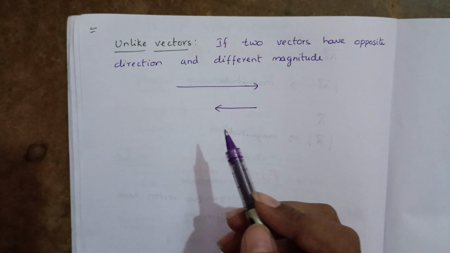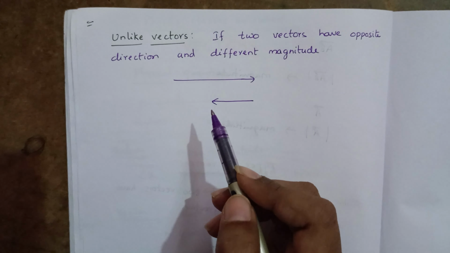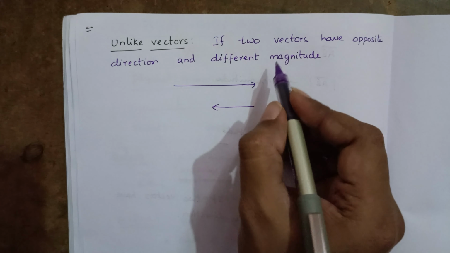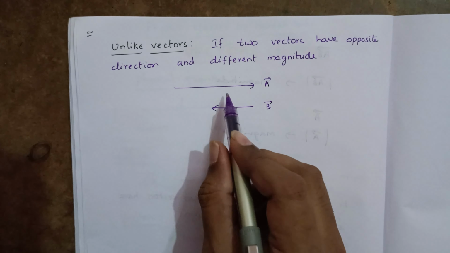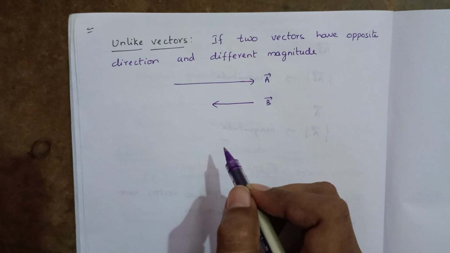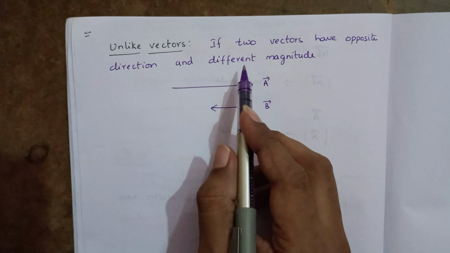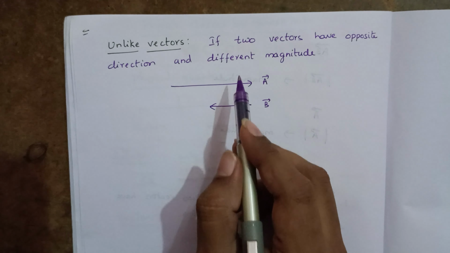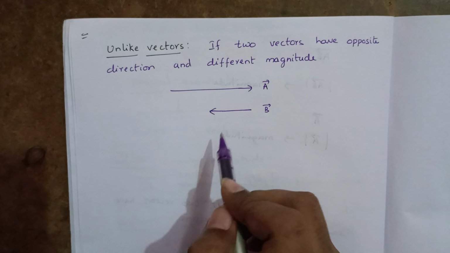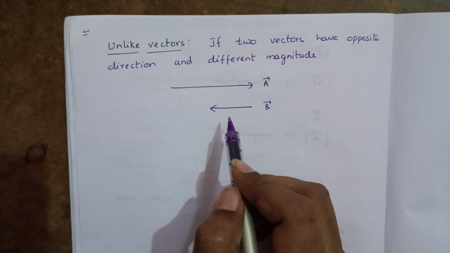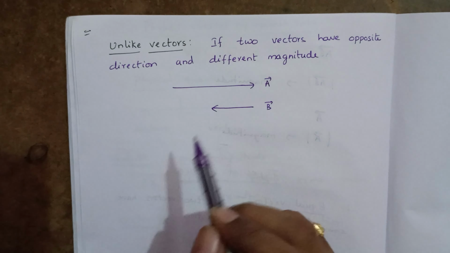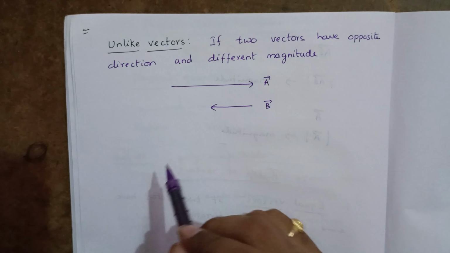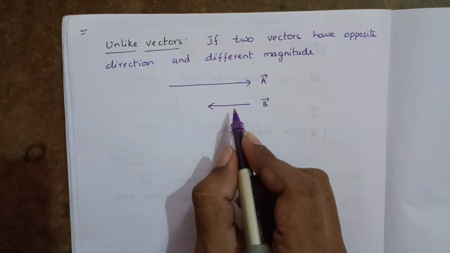Next one, unlike vectors. If two vectors A bar and B bar have opposite direction and different magnitude, then these vectors are said to be unlike vectors. Now if B bar is half of A bar as in the previous example, don't think it is exactly half.